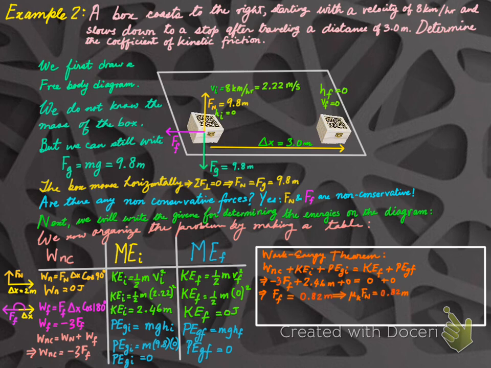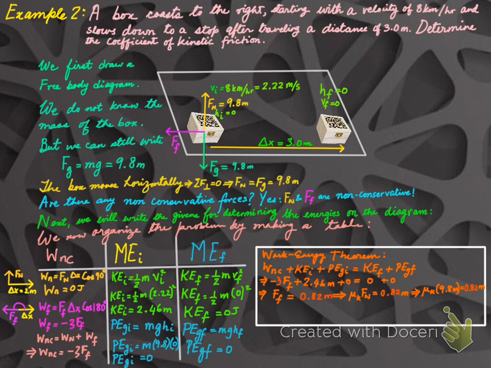Now, we know that the force of friction is given by the coefficient of friction times the normal force. So we substitute that for the force of friction. Next, we substitute 9.8 m for the normal force. We found that in the beginning of the problem.